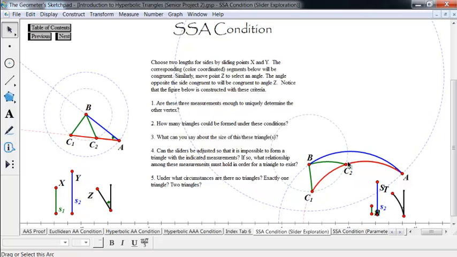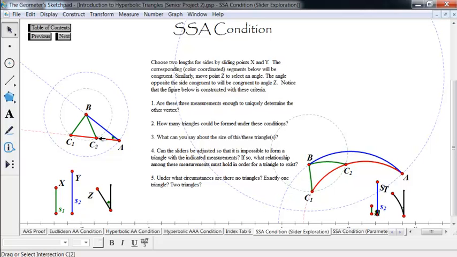Same thing works in hyperbolic geometry. Same proof exactly. So it turns out that if the two triangles are not congruent, then the two possible angles at C are supplements of each other.